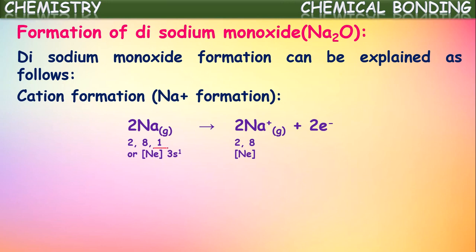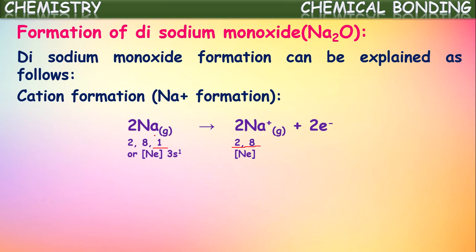So we can say it is highly unstable, that is, more reactive. This element will try to lose that one electron in the outermost shell, and by that it will get the nearest noble gas configuration 2, 8.